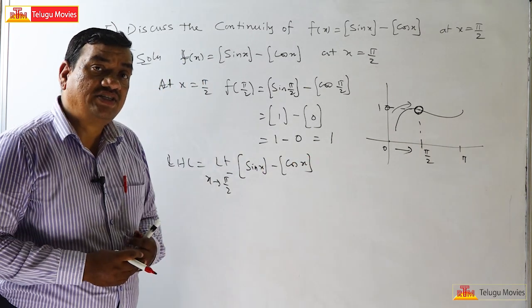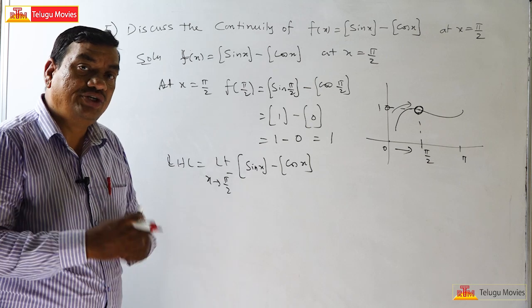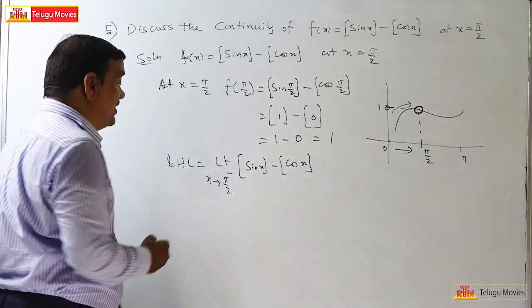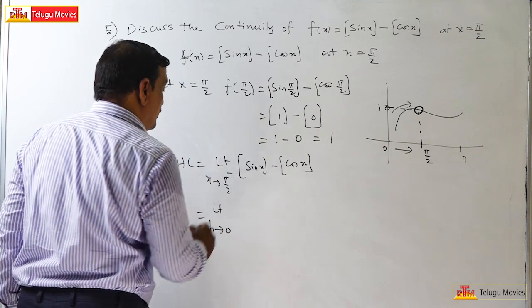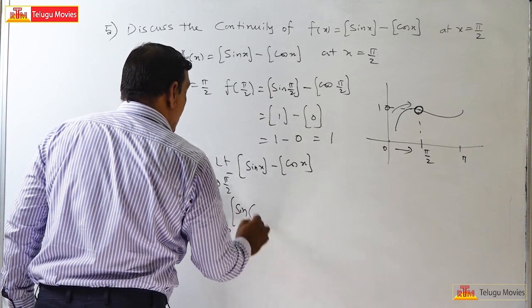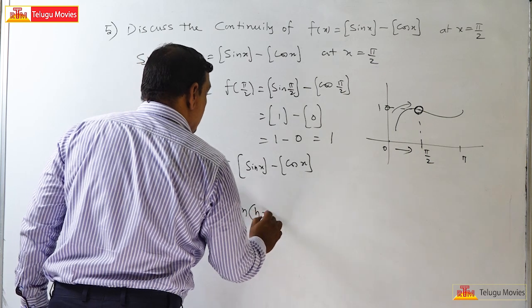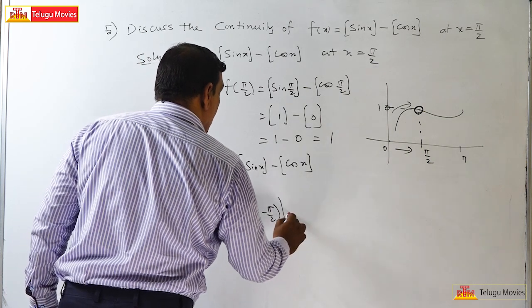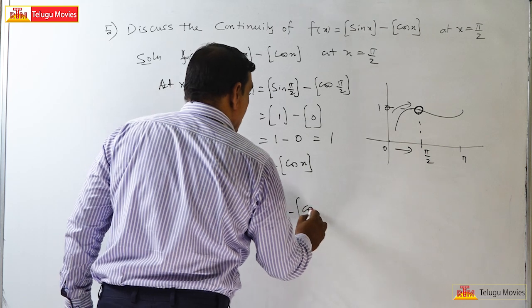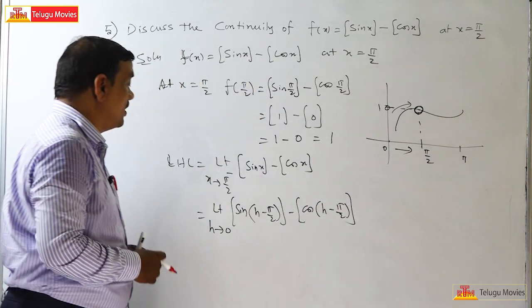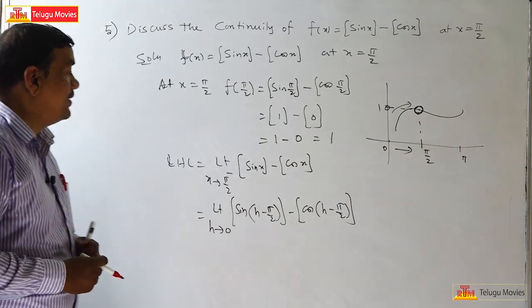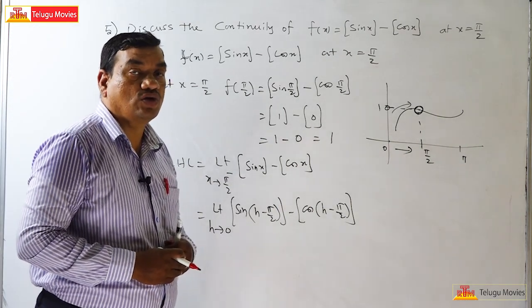To better understand this, let us convert this in terms of h, where h is infinitesimal. So limit h tends to 0, step of sin of (pi by 2 minus h) minus step of cos of (pi by 2 minus h).